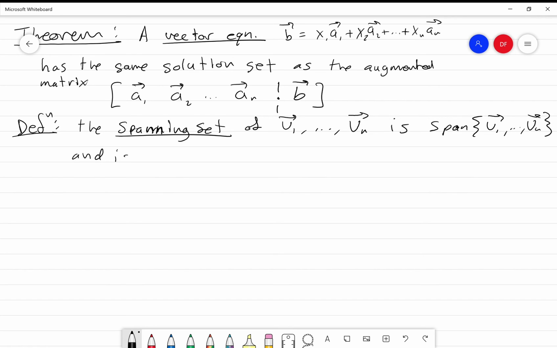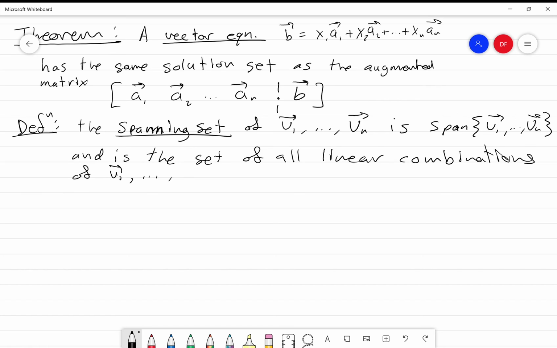And is the set of all linear combinations of v1, v2. The set of all linear combinations of v1 and v2.